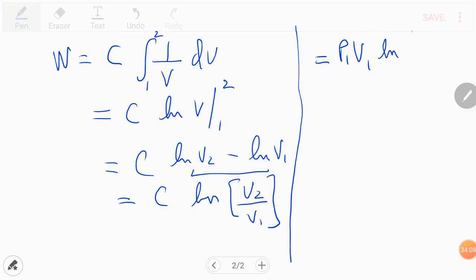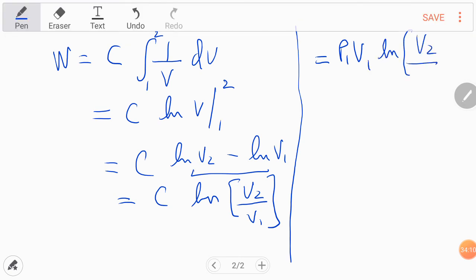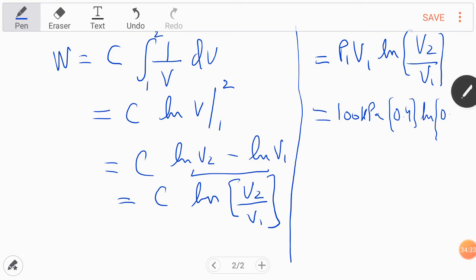So we have P1 V1 ln V2 upon V1. Now putting in the values: P1 is 100 kilopascal, volume V1 is 0.4, and ln of V2, which is 0.1, divided by V1, which is 0.4.